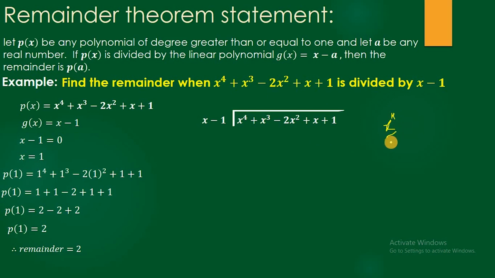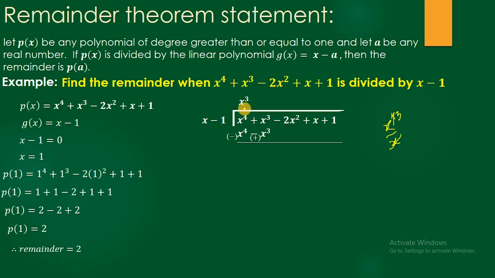You divide this by the first term of the divisor, that is x. So here x and x get cancelled, you will get x cubed. So we'll write this x cubed in the quotient. So x cubed into x minus 1, you will get x power 4 minus x cubed. Now when you subtract it, both the signs will change. This becomes negative and this negative becomes positive.